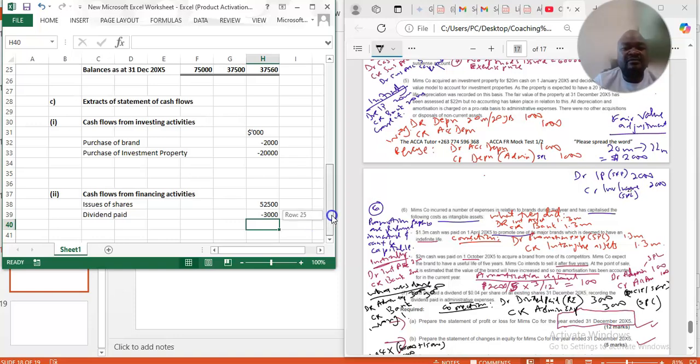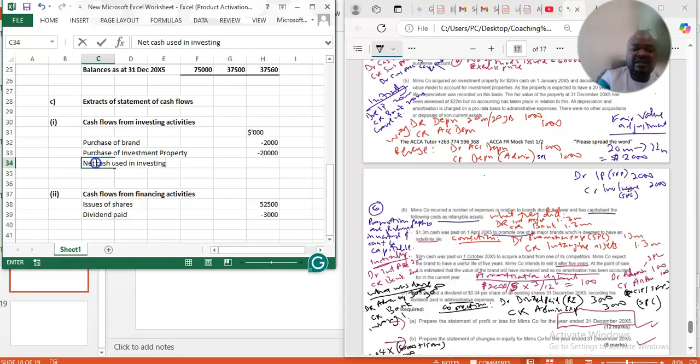Okay, I think these are the cash flows we need, so we can as well do the net cash used in, because these are all outflows, so the net cash used in investing activities.